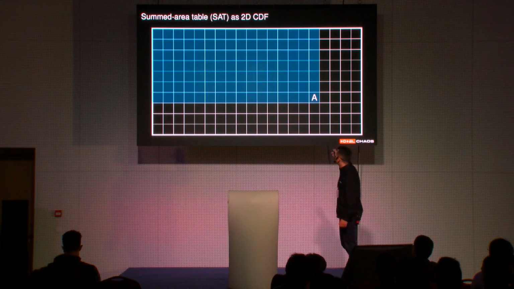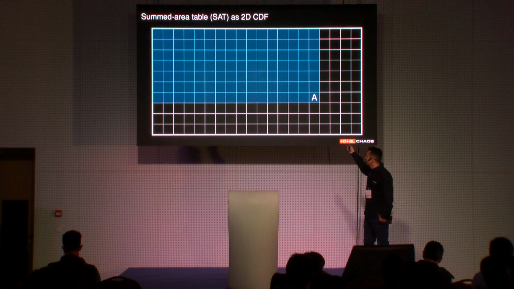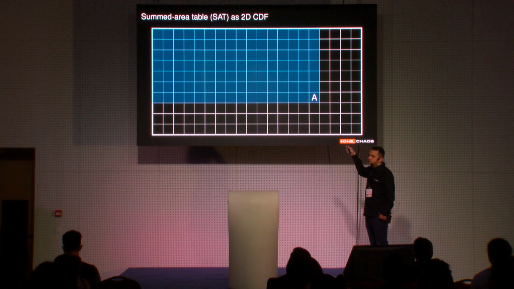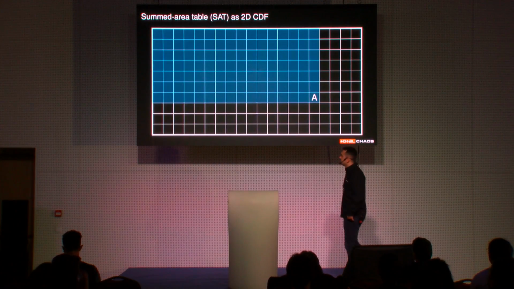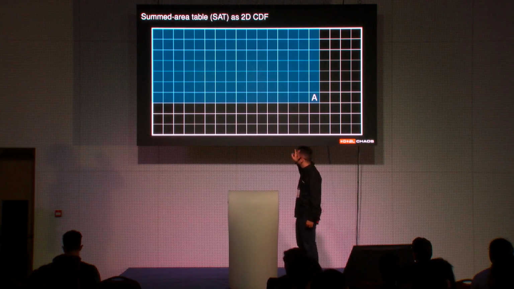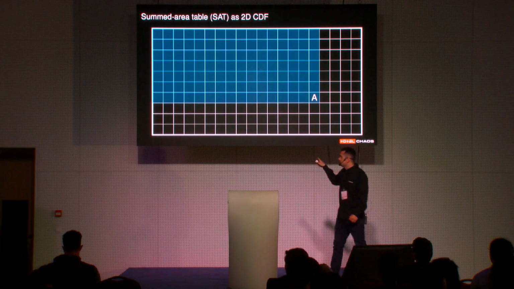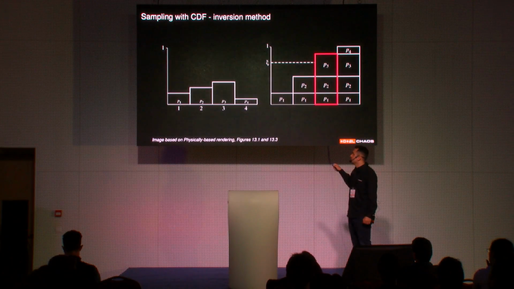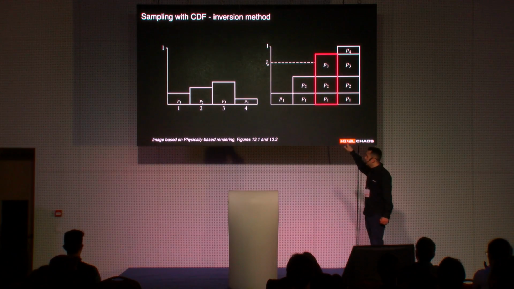First, each element in the summed-area table is the sum of all the elements that come before it. The point I want to make here is that the summed-area table is exactly the most natural generalization of the one-dimensional CDF.